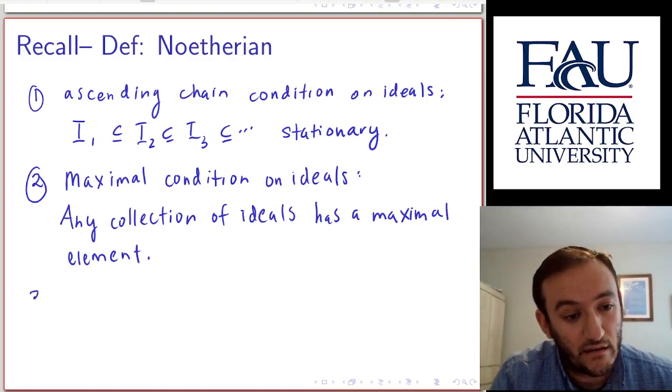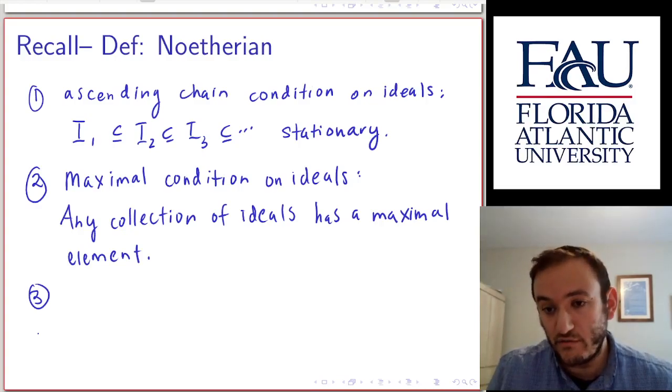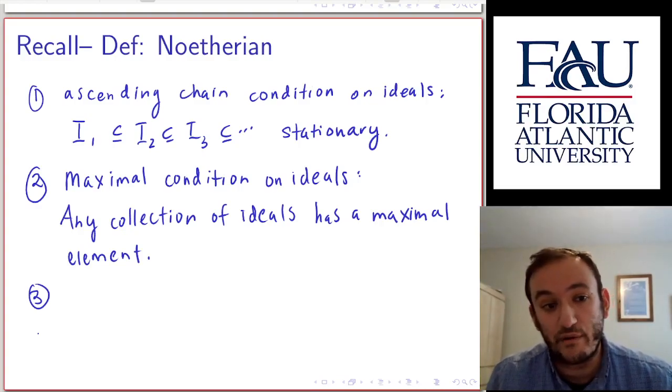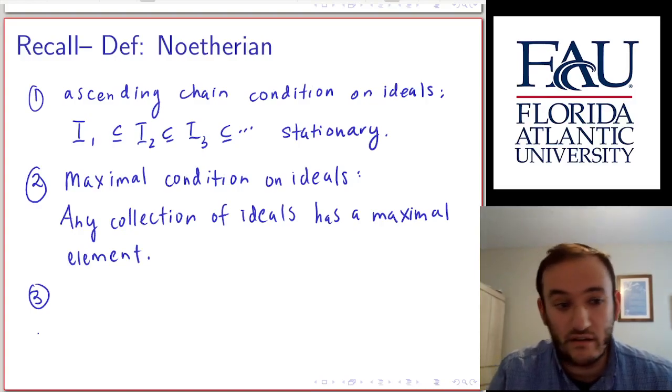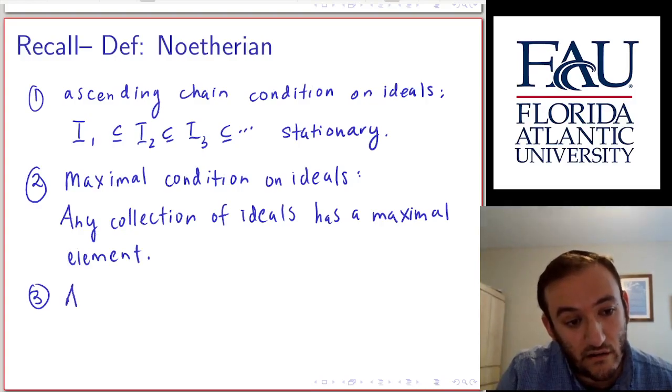And finally, since we proved that a module is Noetherian if and only if all of its submodules are finitely generated, in this case, the submodules are the ideals, so this is the condition that all ideals are finitely generated.